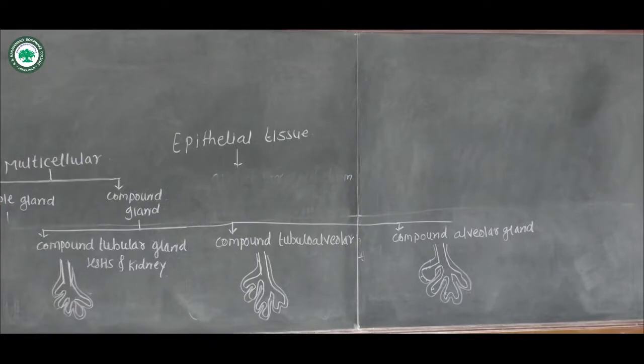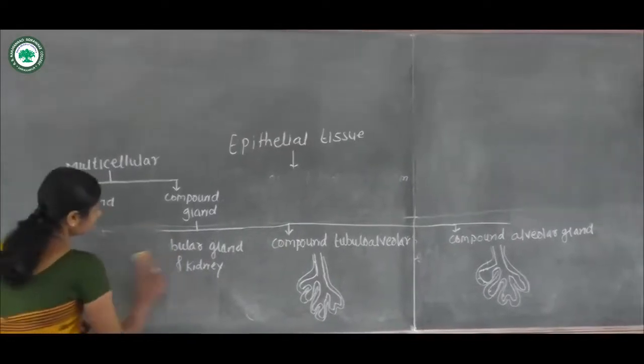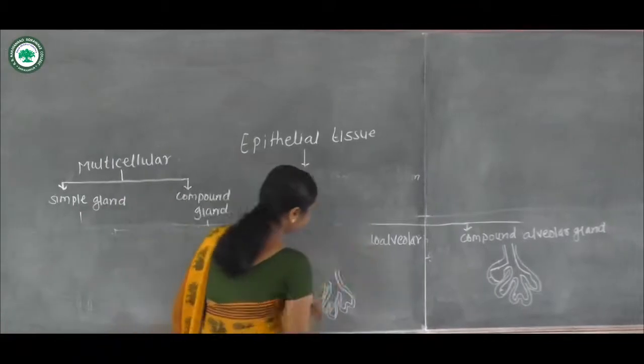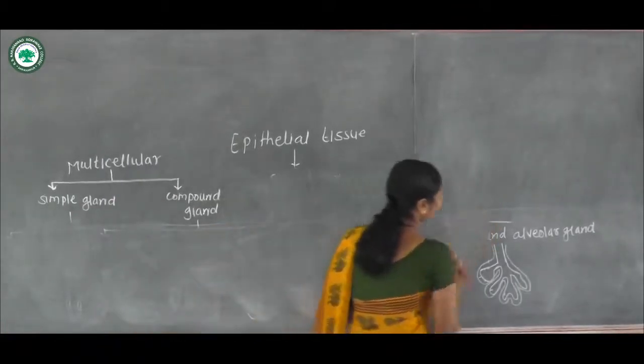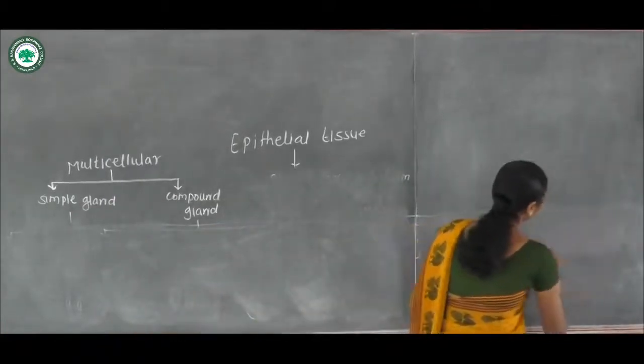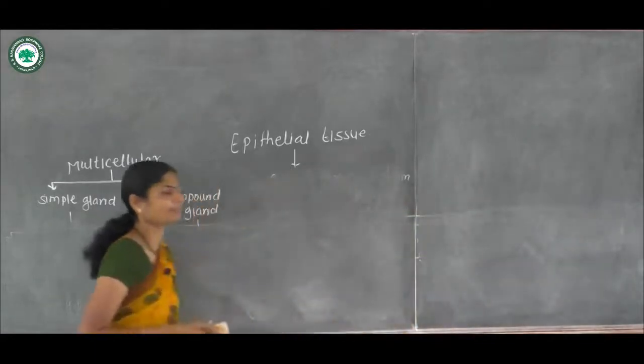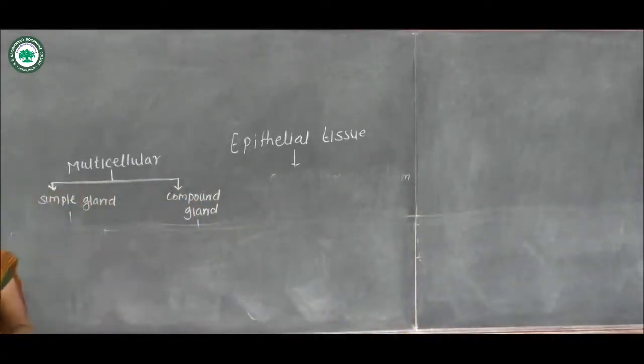According to secretion, different glands are present. Three types of glands are present.